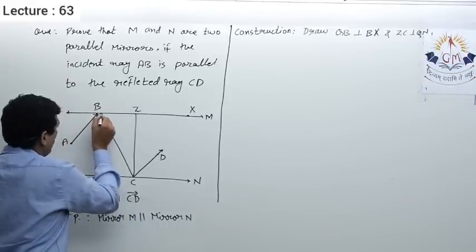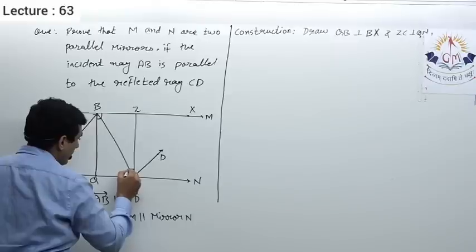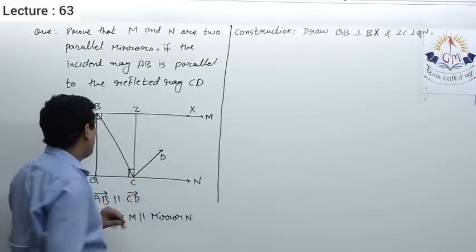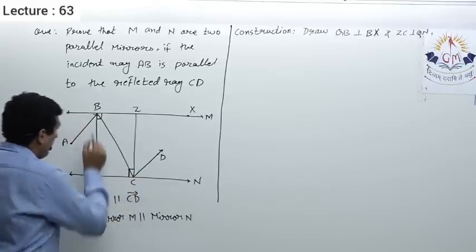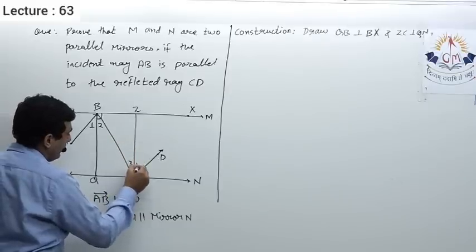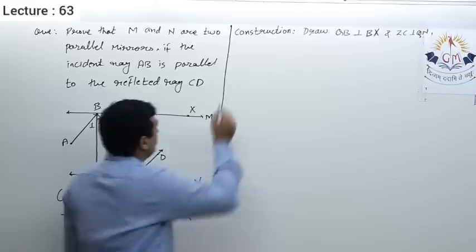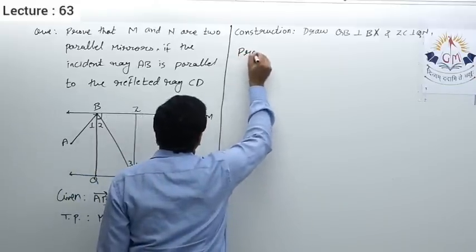If you know something about the laws of reflection, you must have read these laws. Here I am taking this as angle 1, this is 2, 3 and 4. Here it is given AB parallel to CD. Let us see its proof.